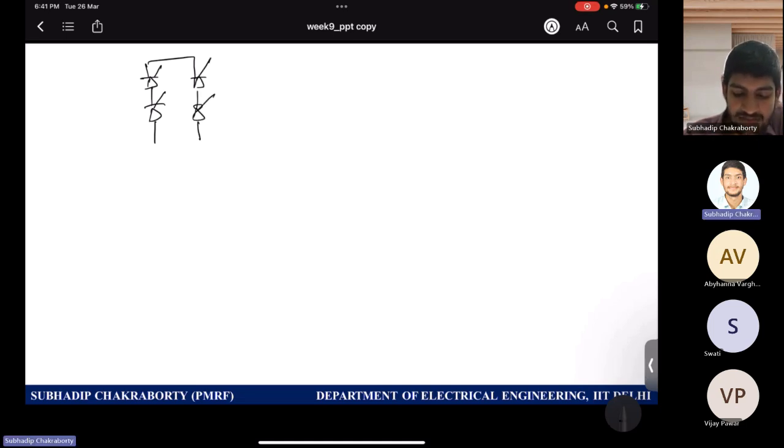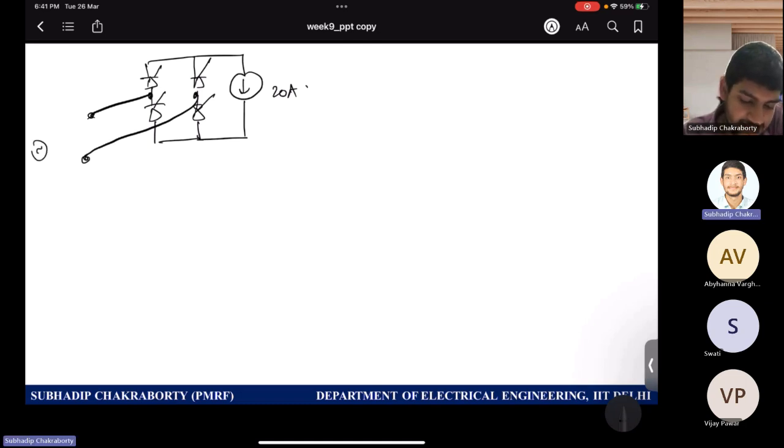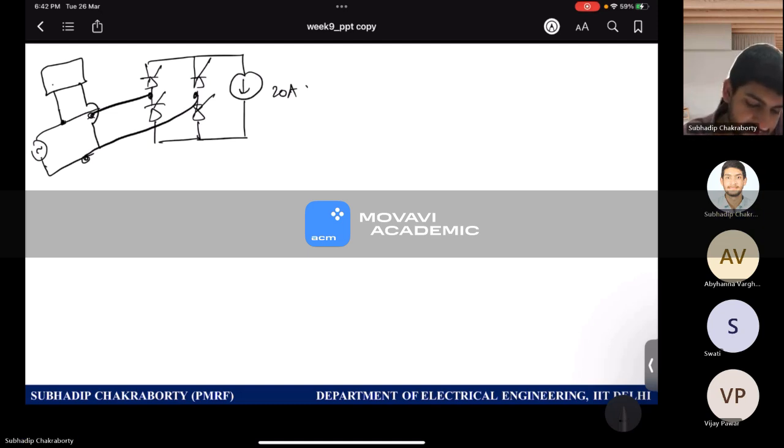You have a more or less constant DC load of 20 amperes, and you have the AC mains. This is the point at which you are applying the voltage from the line. You provide some sort of passive filtering arrangement. Here is your passive filter, having 3 branches within it: the third, the fifth, and the HPF.